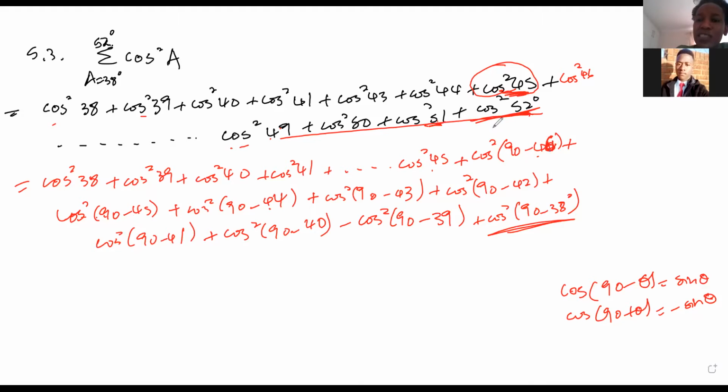Once I do that, I know that 90 minus 46 is the same as sine squared 46.